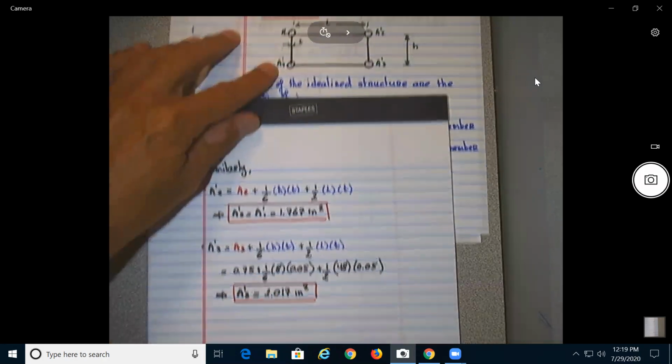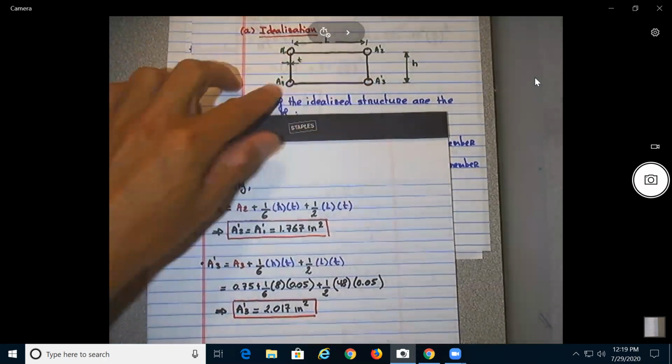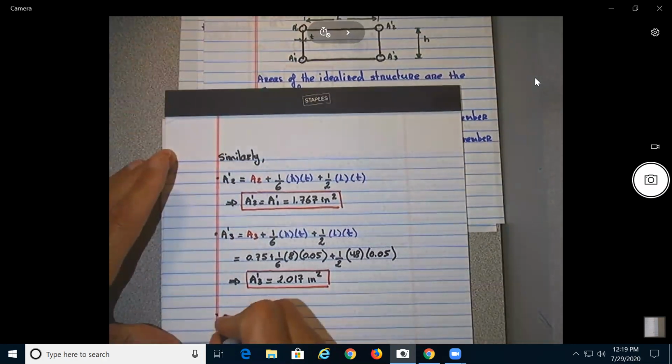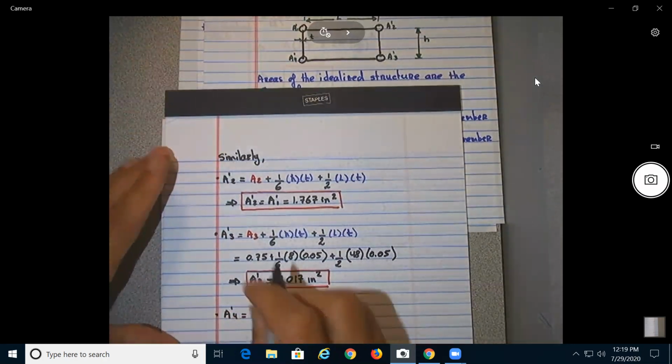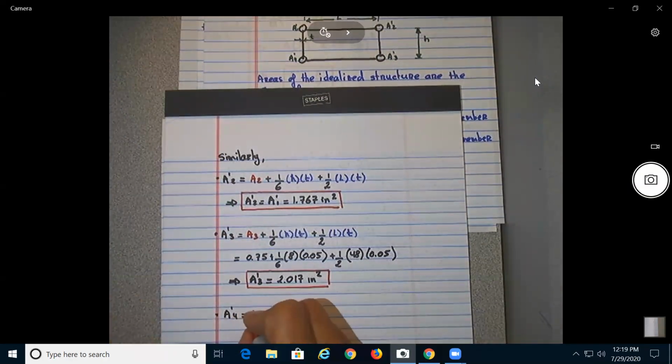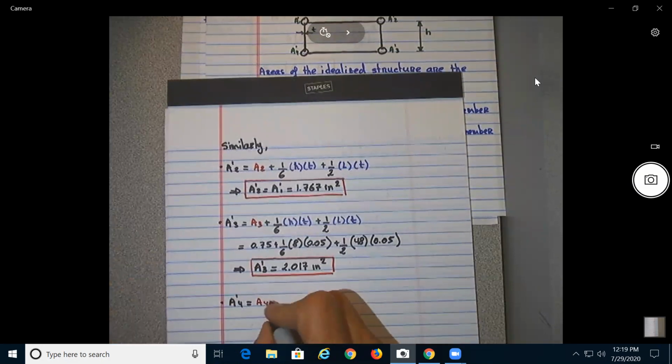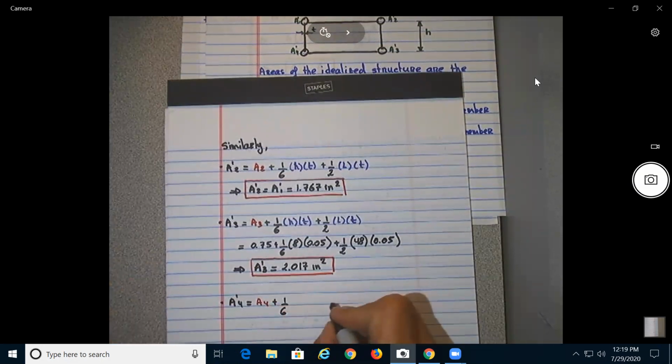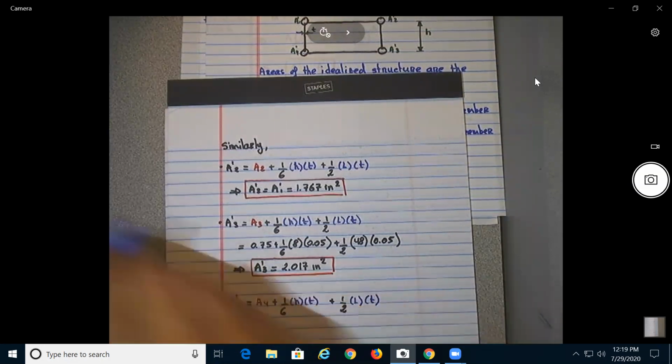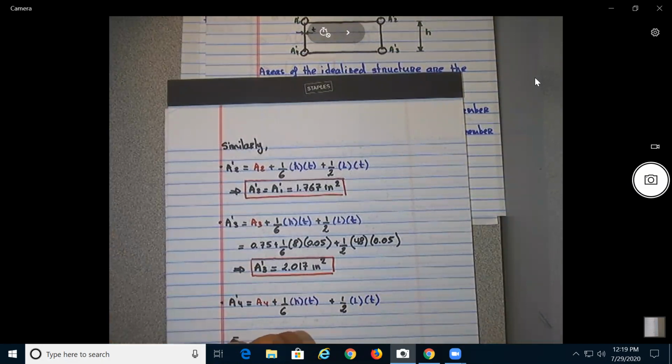Obviously A prime 4, since these two are the same, will be the same, but let's write it down. A prime 4 will be equal to A4 plus 1/6 plus 1/2 H times T plus L times T. And here we know that A prime 4 equals A prime 3 equals 2.0117.